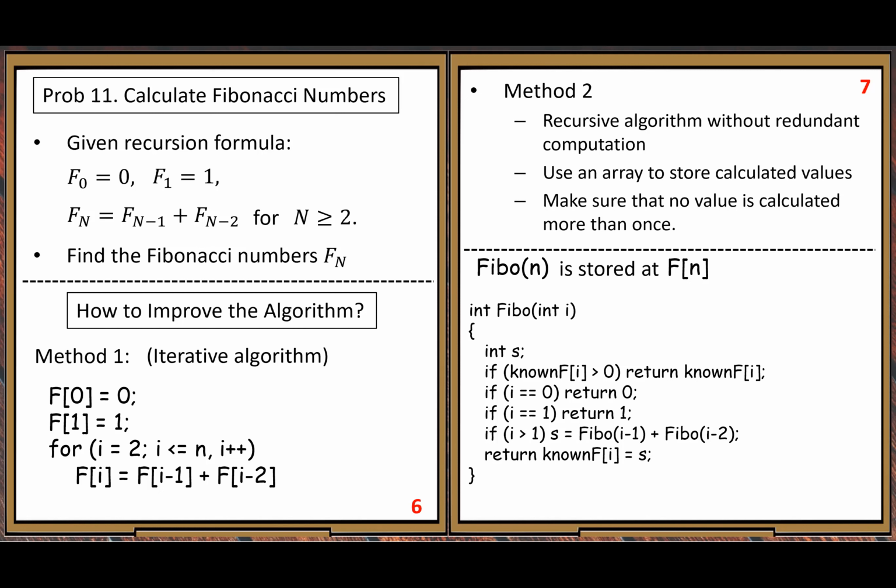After that, the recurrence: you assign the sum of two adjacent Fibonacci numbers to this known value, f of i. After you have the calculation for f of i, you assign it to the known F array. Store it.